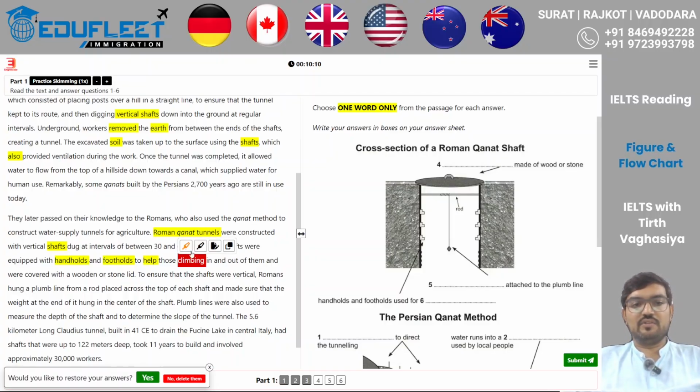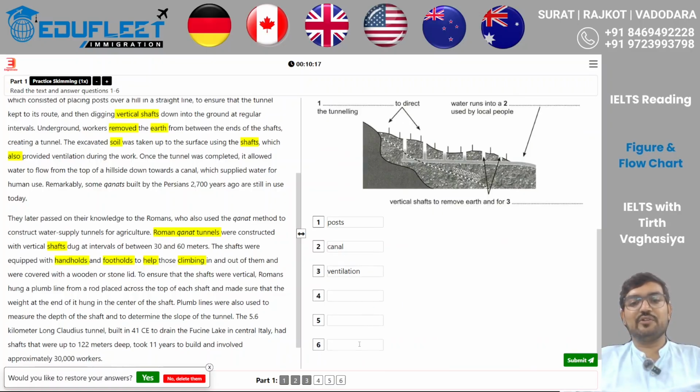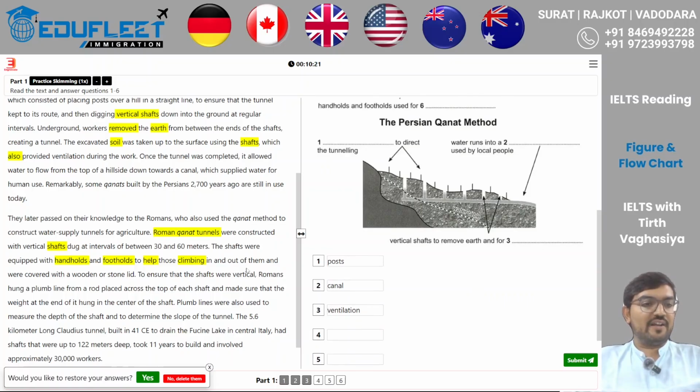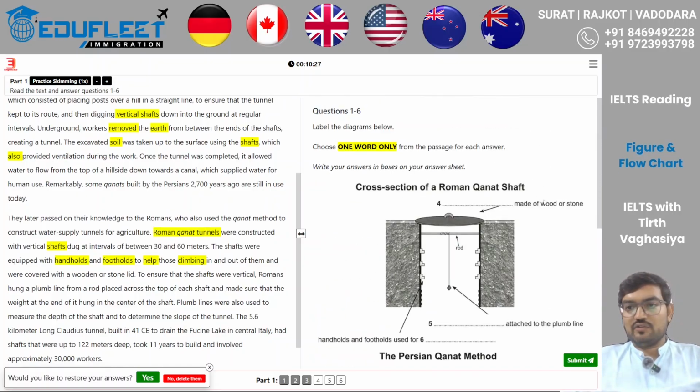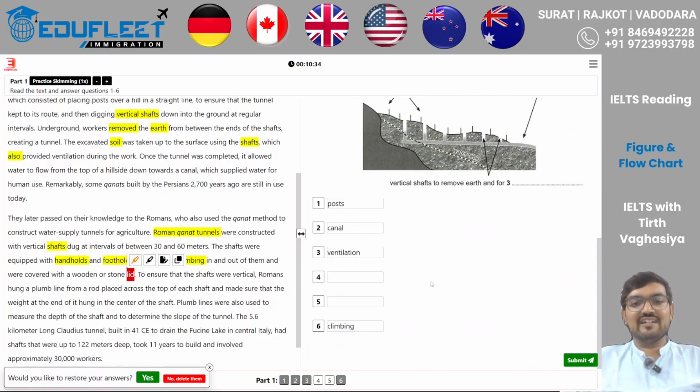So let's try to see what handholds and footholds are used for. My answer of 6 is certainly going to be climbing. Right? Let's move ahead. And were covered with wooden or stone lid. So we got wood, stone. Okay, my answer is clear. It is lid.